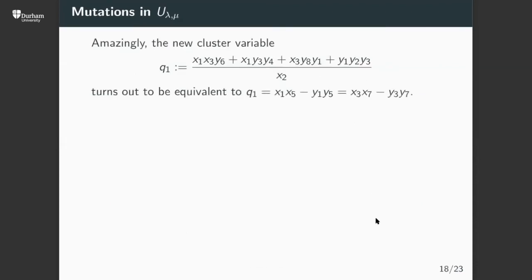And so if I define now a new variable, q1, which is going to be the ratio of this thing here, this new variable turns out to have, even though it looks very complicated here, actually, if I were to write it in terms of the other variables, it has a very simple expression in terms of x1, x3, y1, in terms of the other things. So it's just exactly this term here. In fact, it's a regular function in terms of x1, x3, and the other things.